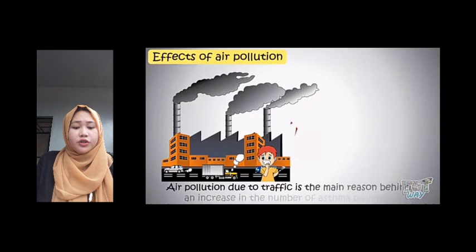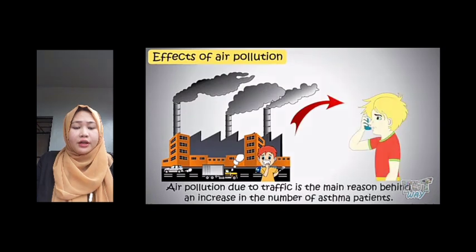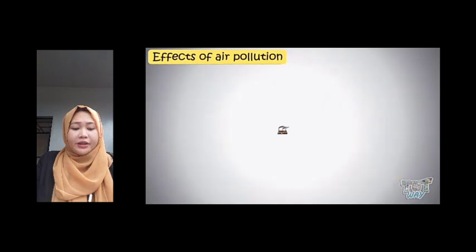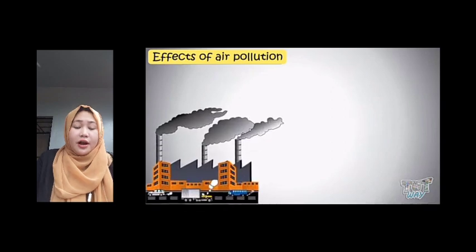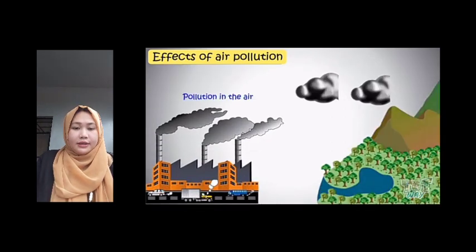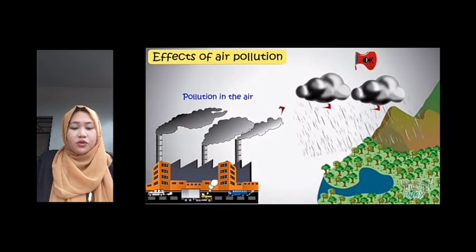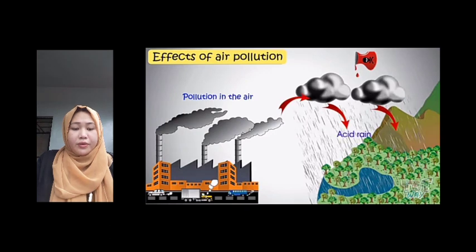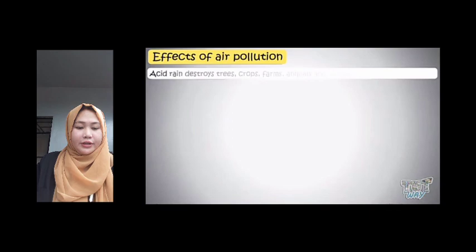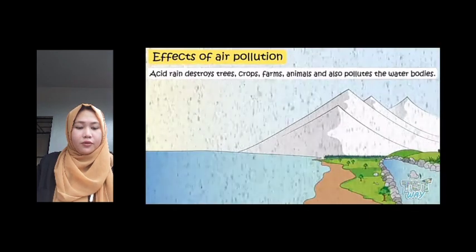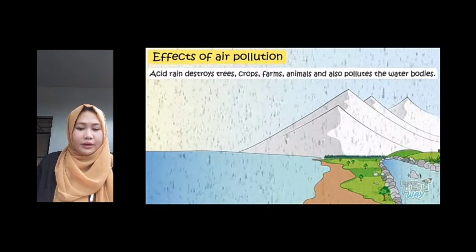Air pollution due to traffic is the main reason behind the increase in the number of asthma patients. Chemical pollutants in the air, when mixed with moisture, form acid rain, which is very harmful for all living beings.